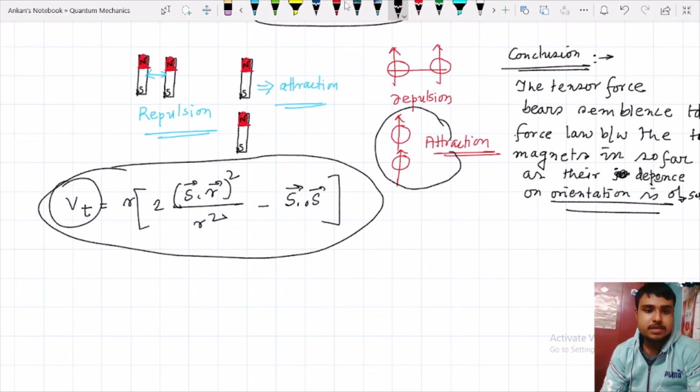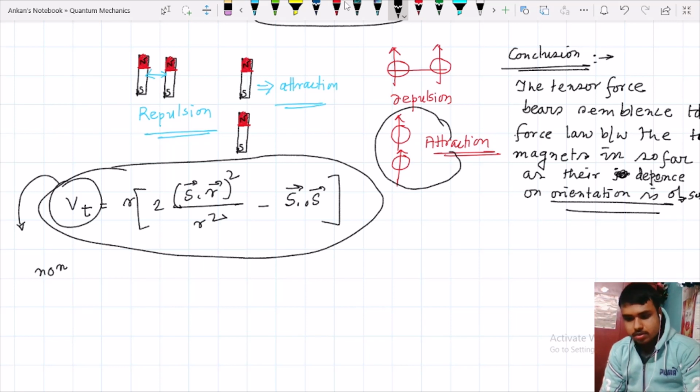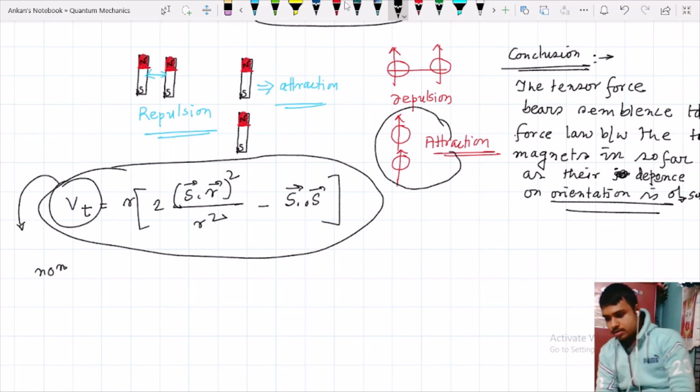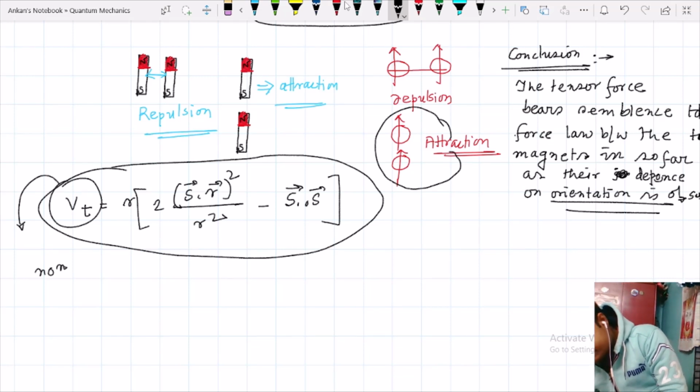Why is this termed as tensorial potential? Because it is non-symmetric, because it is the second rank tensor.